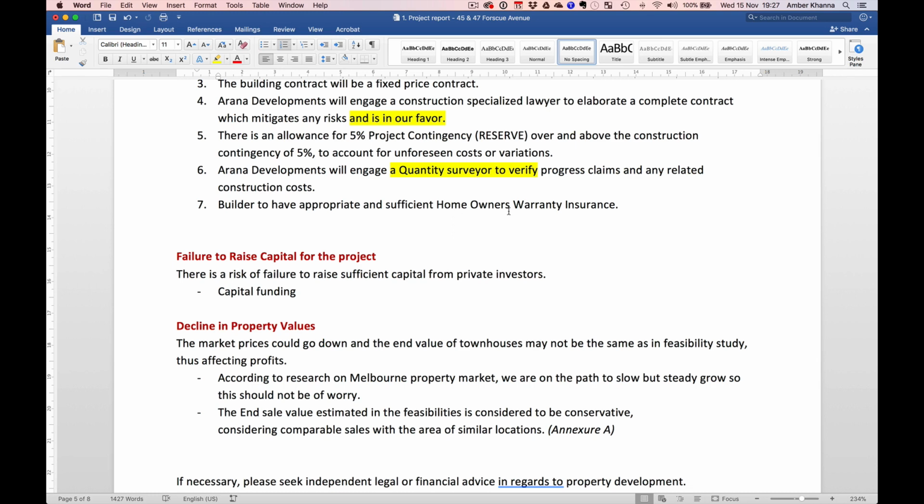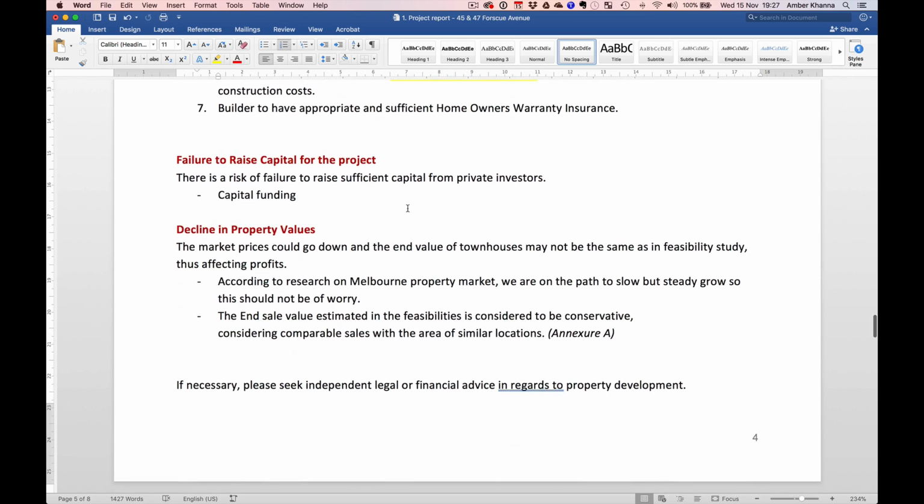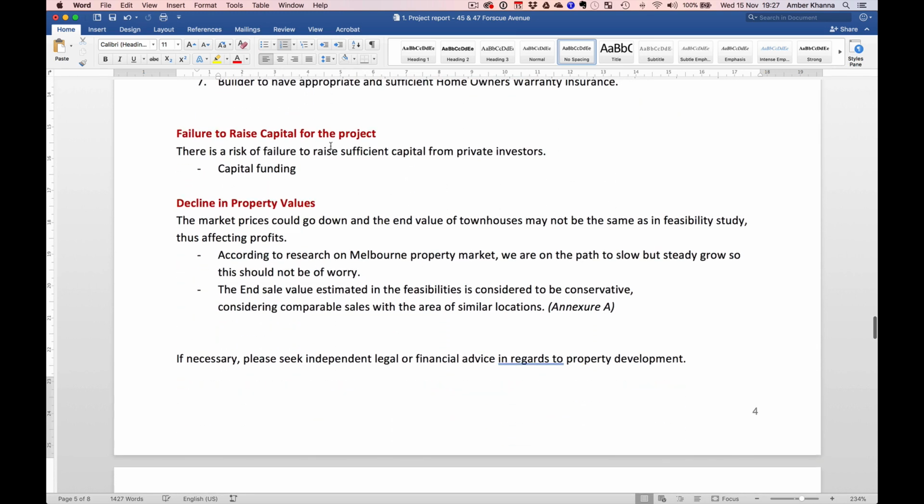Mm-hmm. So builder to have appropriate and sufficient homeowners warranty insurance, that's fine. Failure to raise capital of the project, there's a risk of failure. See, when I put that report together, the project didn't have plans and permits, so you've got to adjust it so that now that it has plans and a permit, you show that it already has a DA, so the risk has been mitigated.